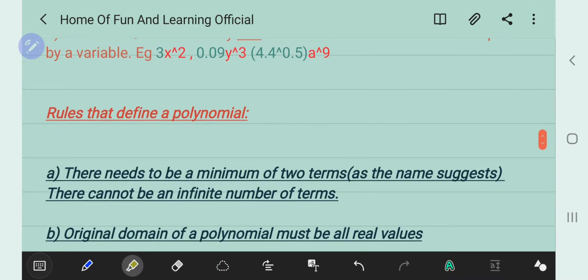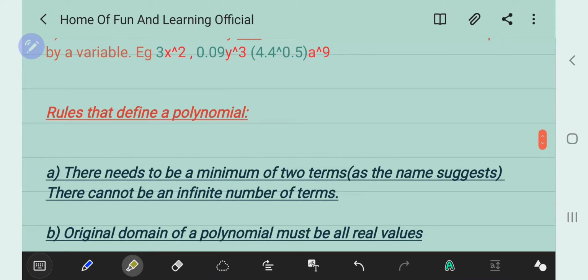Now the second rule is that the original domain of a polynomial must be all real values. So if you have a polynomial in, let's say, a variable x, then x should be all real values. Okay, x can be any real value.